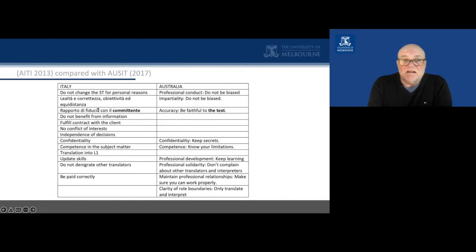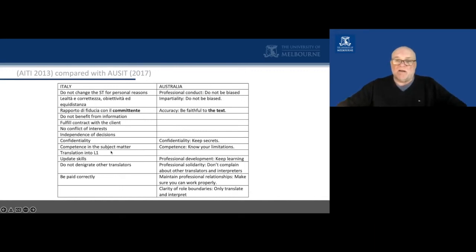In Italy, it's fidelity to the client, which is interesting, okay? The Italians are looking at this in a very different way. And they've got lots of principles there that are about your relation with the client, which is missing in the Australian one. The others do line up more or less, but there's one here which is in Italy.